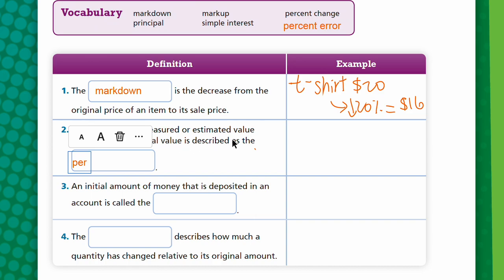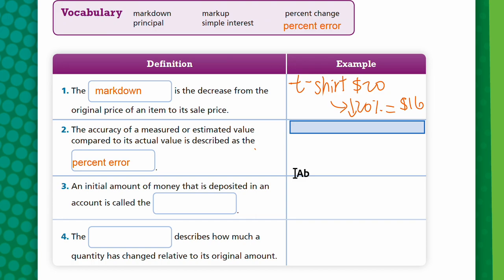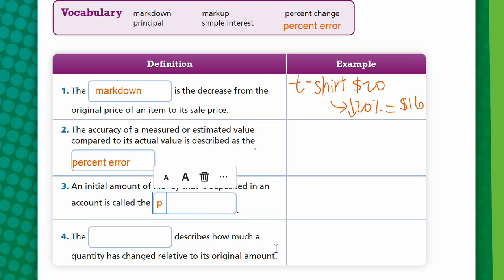Okay, number 3. An initial amount of money that is deposited in an account is called a blank. So you start with the blank amount. It's the principal amount. Okay, good. And then the last one, let's do examples later after we finish this.